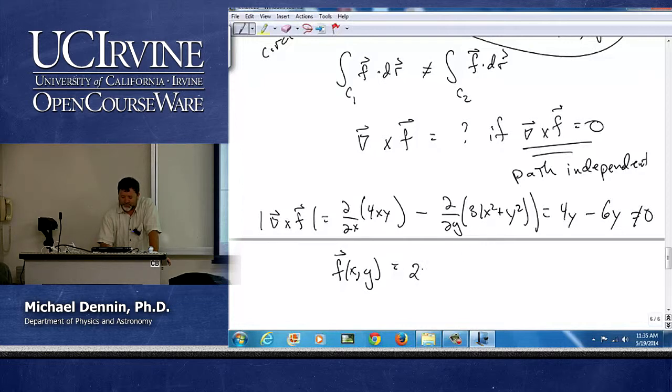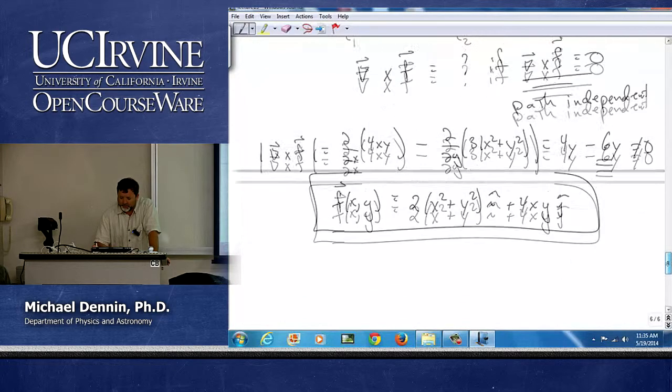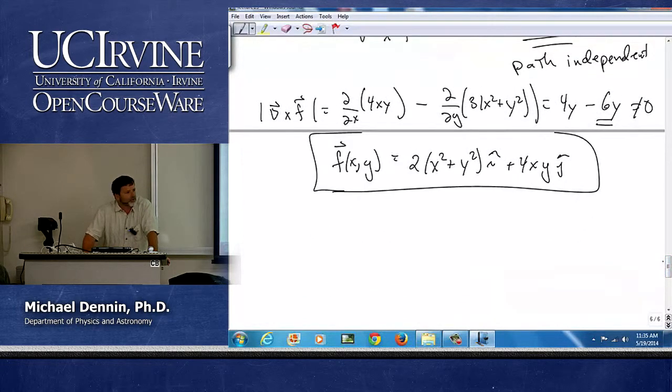Change the coefficient of 3 to 2. Because then this becomes what? 4y, and 4y minus 4y is? So I encourage you to go back, redo that group problem along those two curves, and you should get the same answer along both paths for this.